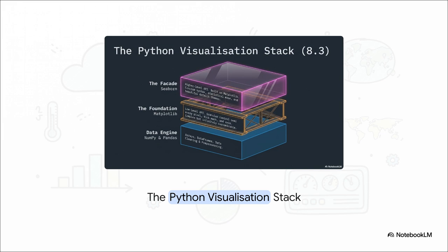This is your low-level API giving you super granular control over literally every single pixel and axis. And then, sitting right at the very top is the facade, Seaborn. Seaborn is built directly on top of Matplotlib, but it gives you a much higher-level API, really concise syntax, and just beautiful default themes. This means you can focus on statistical elegance rather than stressing over coding individual tick marks.